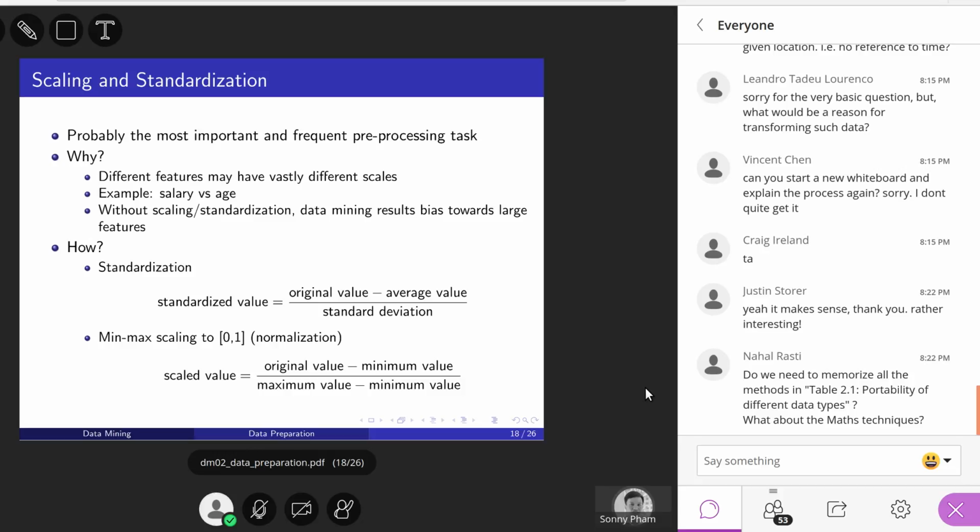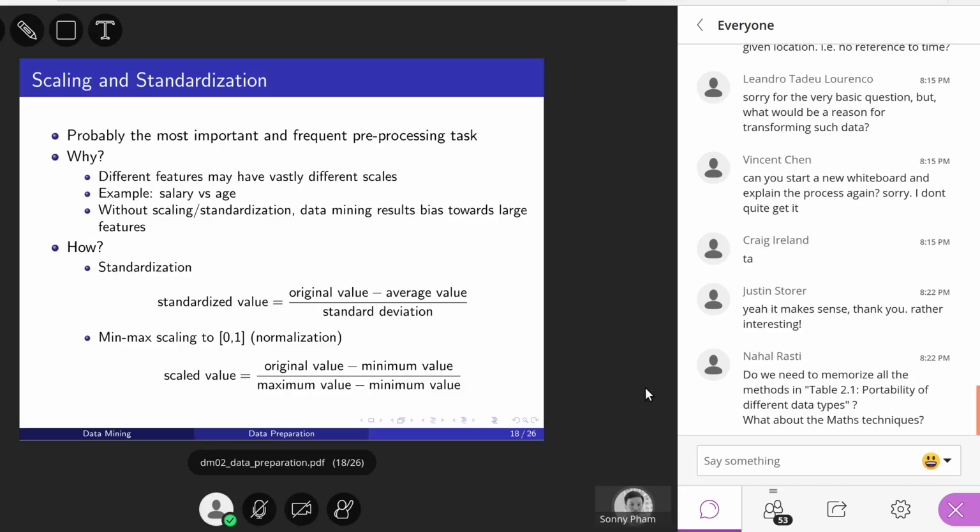So this might have some advantage when you require the values to be non-negative, but otherwise standardization can also work well in practice. So the choice is really up to the person who performs the data mining task at hand.